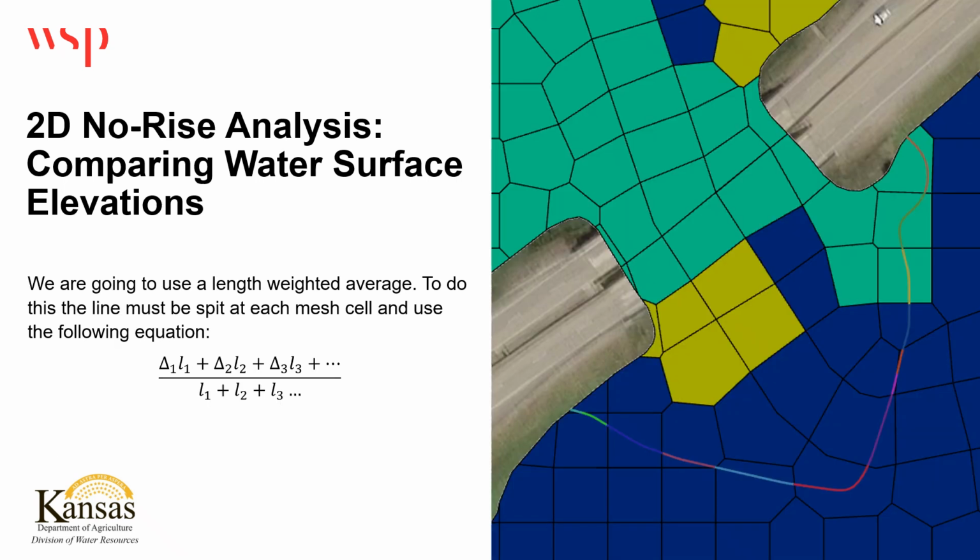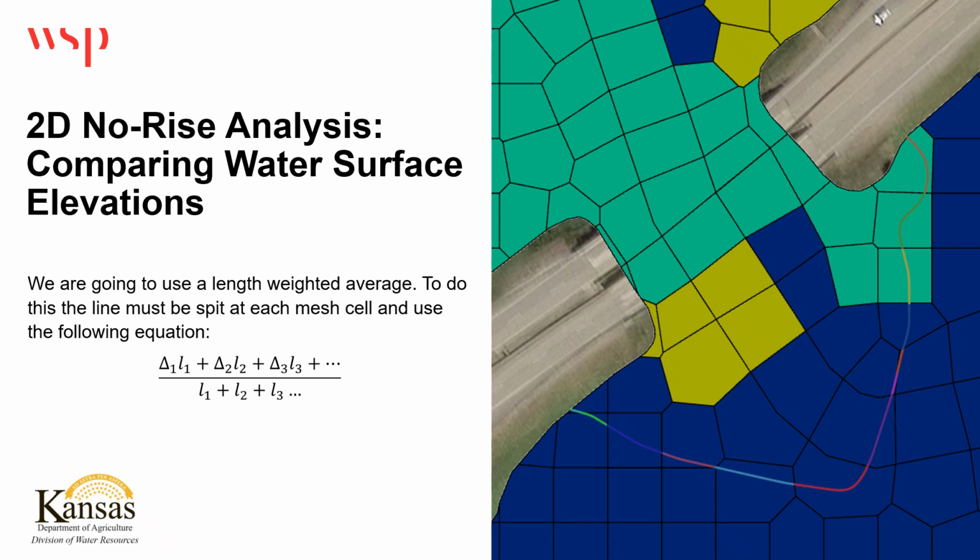For our example here, we're actually going to use a length weighted average. So we're going to do it different than what is shown in Figure 9. This is a little more straightforward because we don't actually have to know the discharge for each cell. To do this, we just need to multiply the difference in water surface elevation between the proposed and existing conditions on each mesh cell by the length of the line segment that crosses each of those mesh cells.